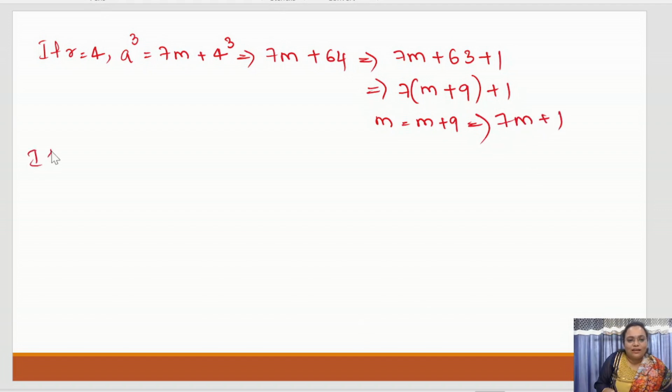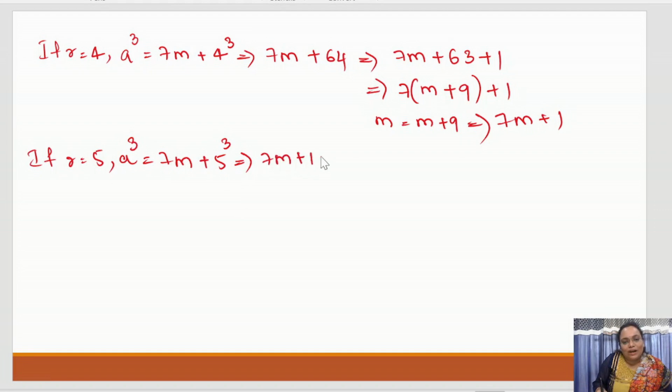Now if r is equal to 5, a cube is equal to 7m plus 5 cube, which is 7m plus 125. Yes, 125 can be written as 7m plus 119 plus 6.